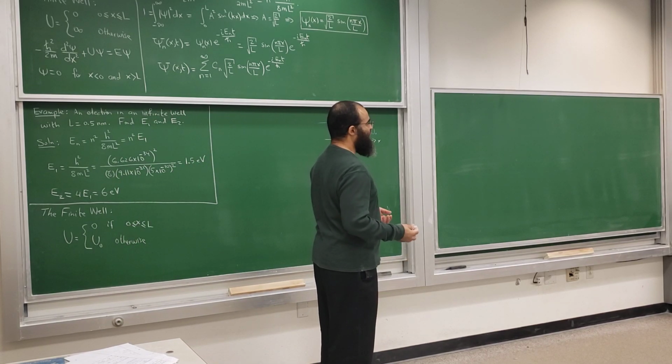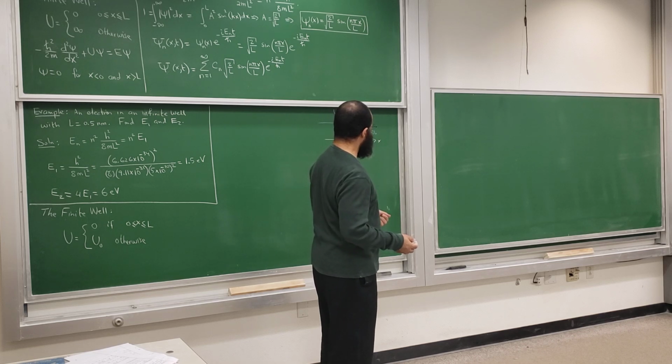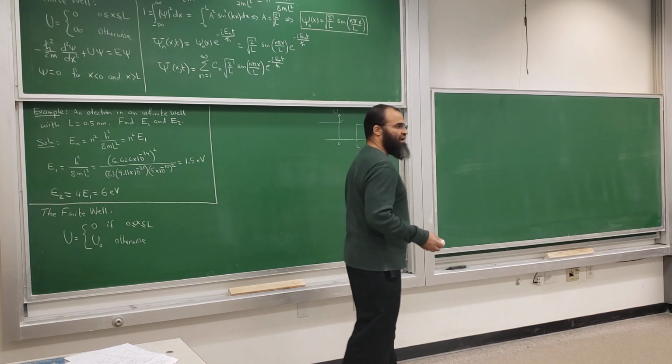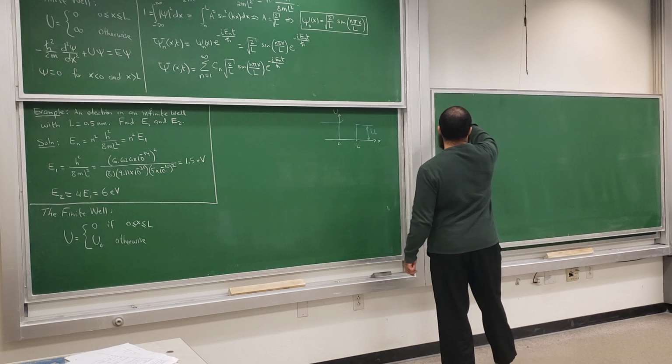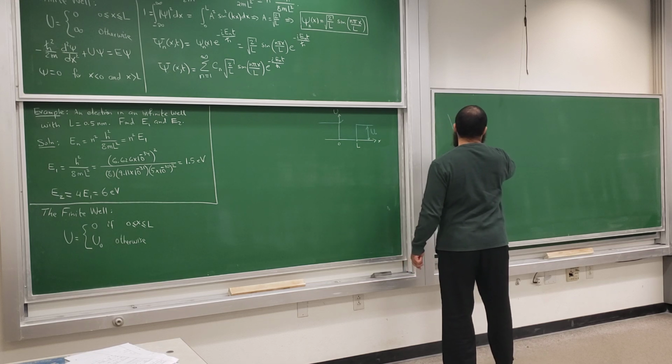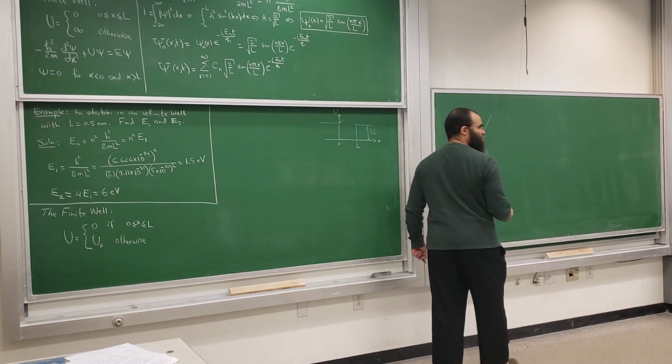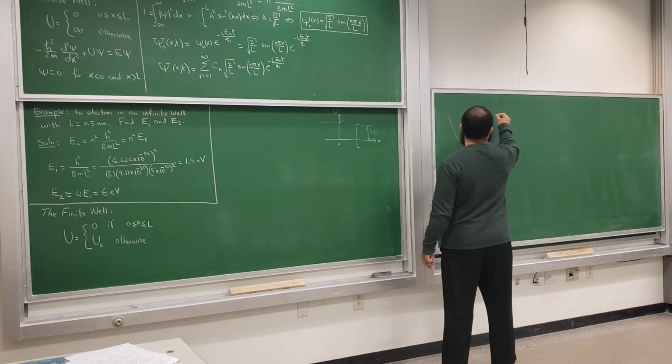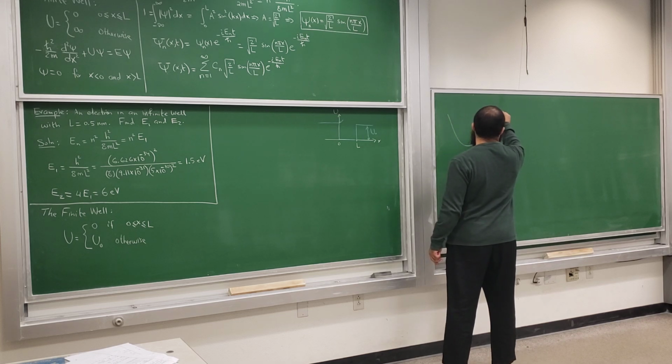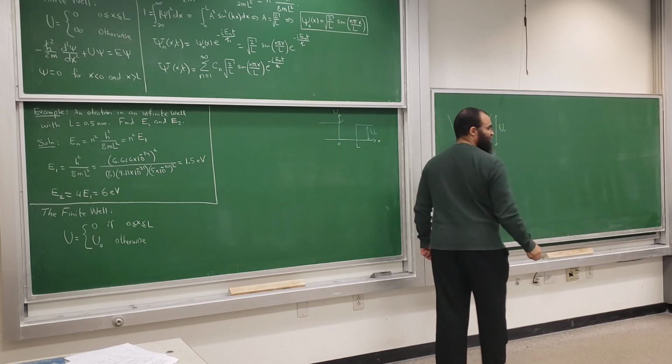And what happens is, imagine you have a, let me make them, instead of the walls being square, let's say I have a roller coaster. A roller coaster here, and the potential energy from here to here is u naught. This is the potential energy.